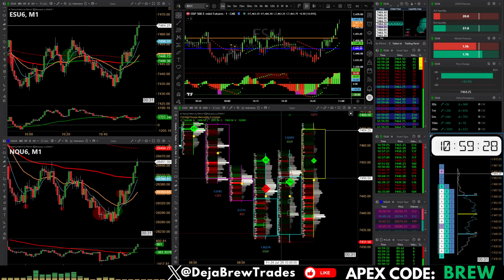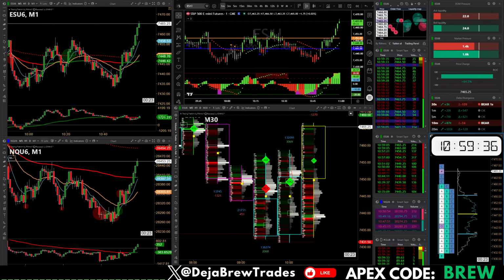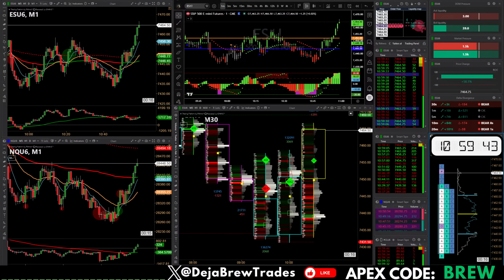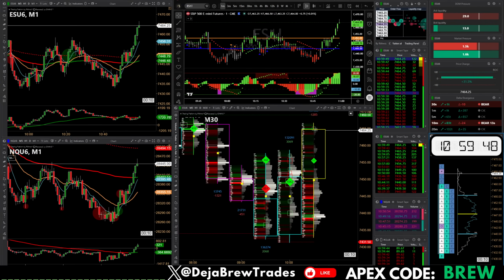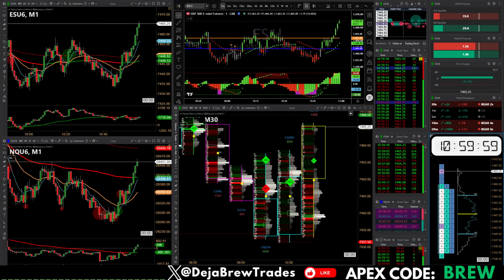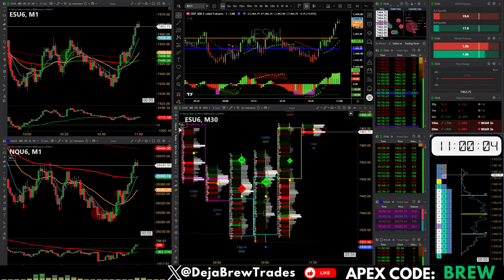You will have single prints going back to 60 if it stays up here. There are the single prints, and they're pretty much instantly being filled in.